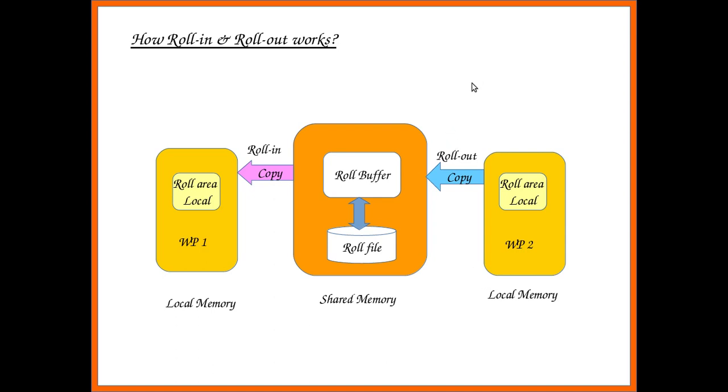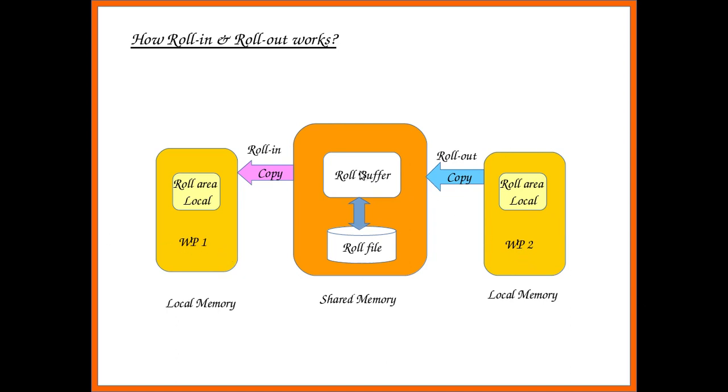Now we need to understand how a work process works, how roll in and roll out work here. Every work process has a local memory. This is work process 1, this is work process 2.